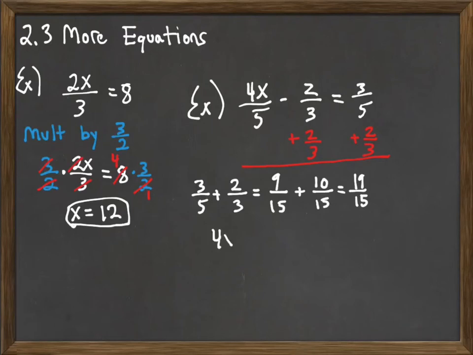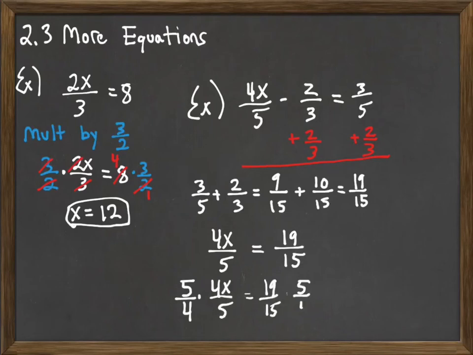Now we can write our problem down: 4x over 5 equals 19 over 15. Then we proceed like we did in the previous example. We have a fraction with the variable, so we multiply by its reciprocal, 5/4, on both sides.